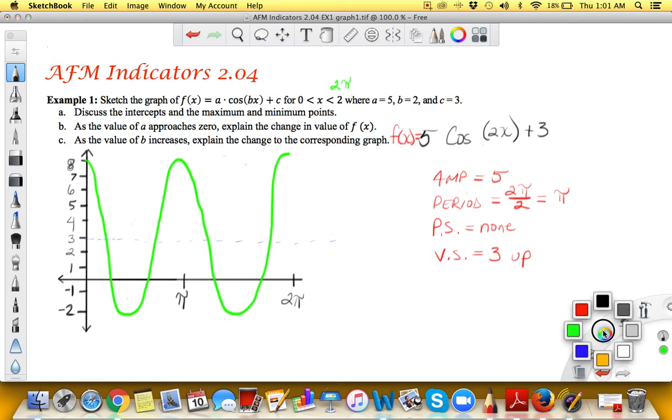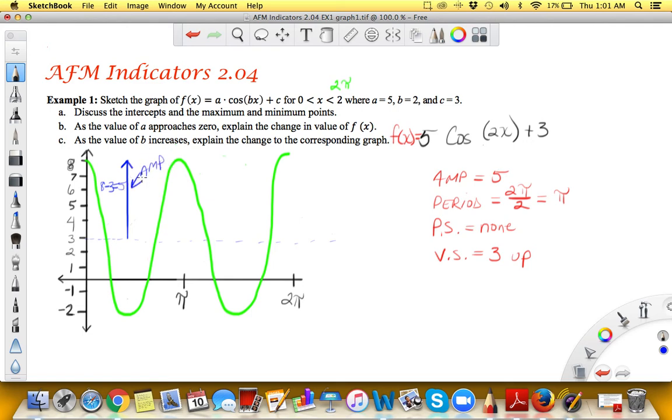Now let's talk about a few other things that my students have asked about as they've studied these examples. Number one, if this is the center of the graph at y equals 3, then we said the amplitude is 5. So if I go from 3 up to 8, that is 8 minus 3, which gives us 5 units. Okay, so that's the amplitude.